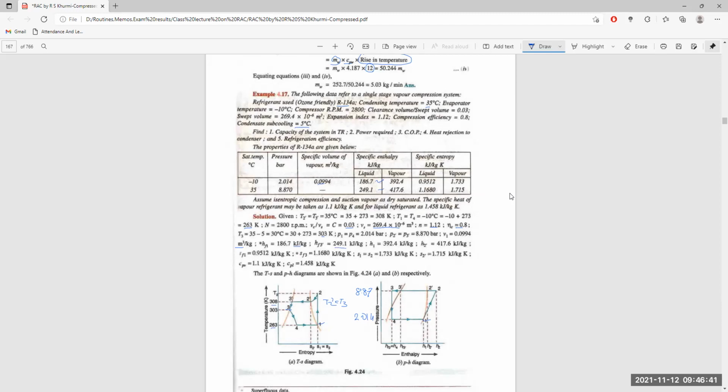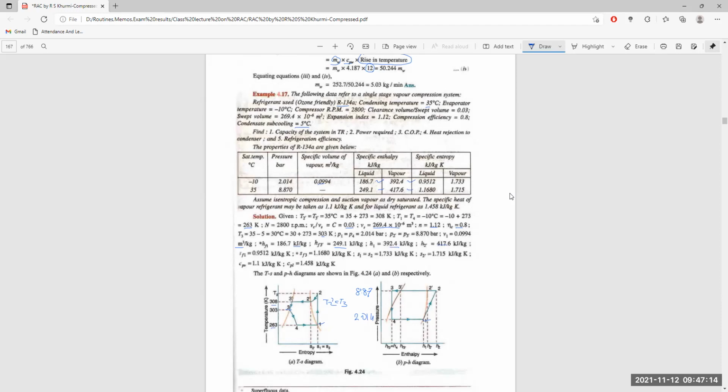H1, the enthalpy at the entrance of the compressor, which is the enthalpy at the vapor stage at temperature minus 10 degrees centigrade, is equal to 394.4 itself. And H2 dash is the enthalpy of the vapor stage at the high temperature T2, that is given here, 417.6 itself.